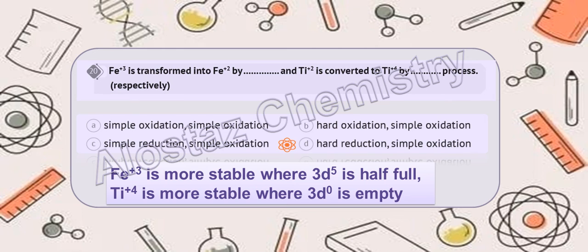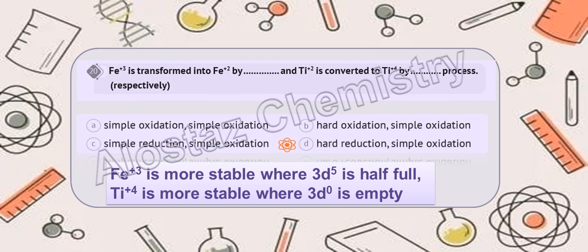But here, from less stable to more stable, we have from Ti +2 to titanium +4. Titanium +4 is the more stable, as it is completely empty, with no electrons in d, so it is stable with 0 electrons.